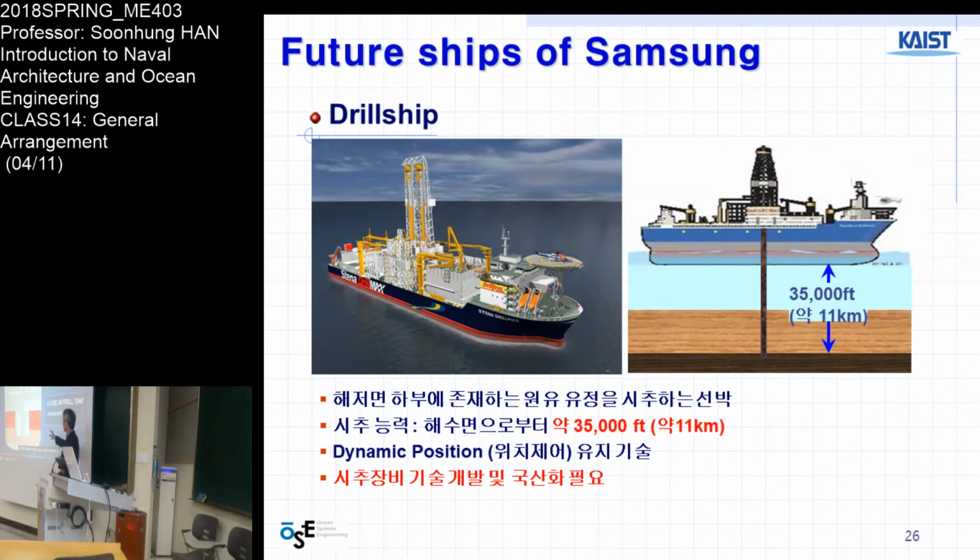There is another tank inside the ship, and when the ship is rolling this way, the liquid, which is usually water, has a different cycle, a delay of the cycle of oscillation, so that they are trying to reduce the rolling motion. That is the idea behind it.